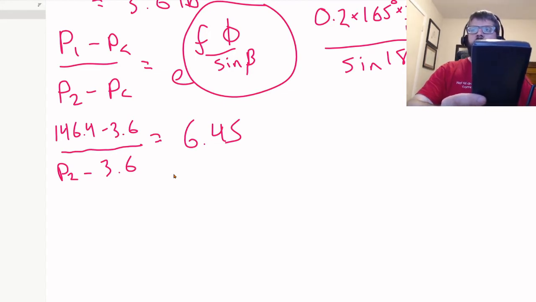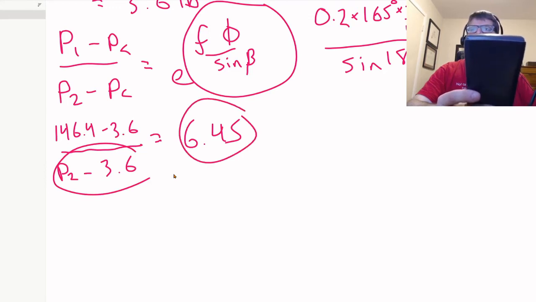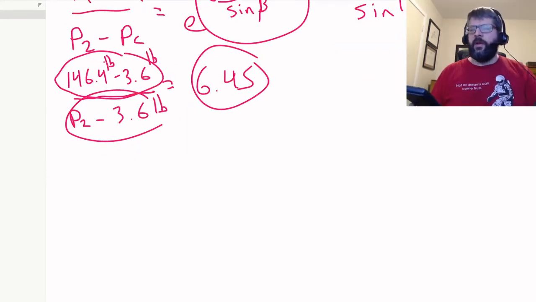So let's see here, that term on the top there. Let's rearrange this. We can multiply out this side and divide out this side, and that'll give us 142.8.